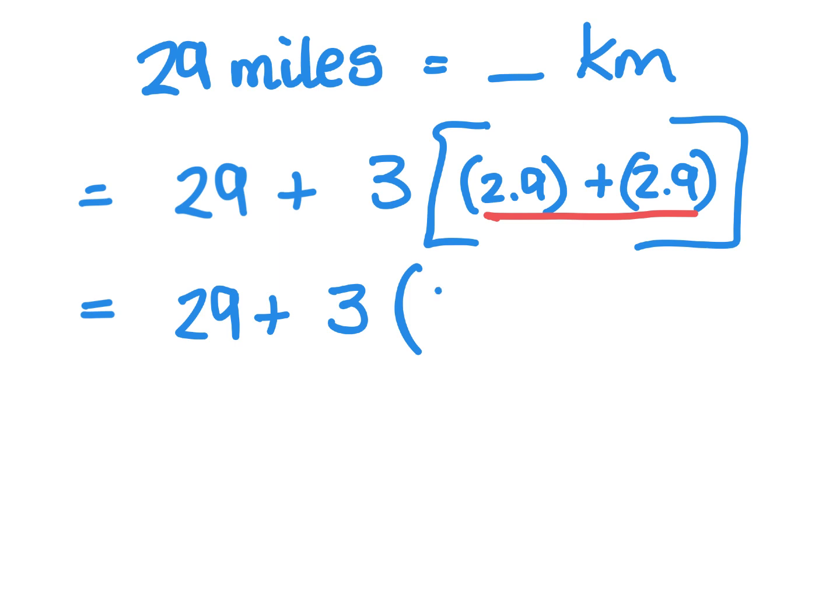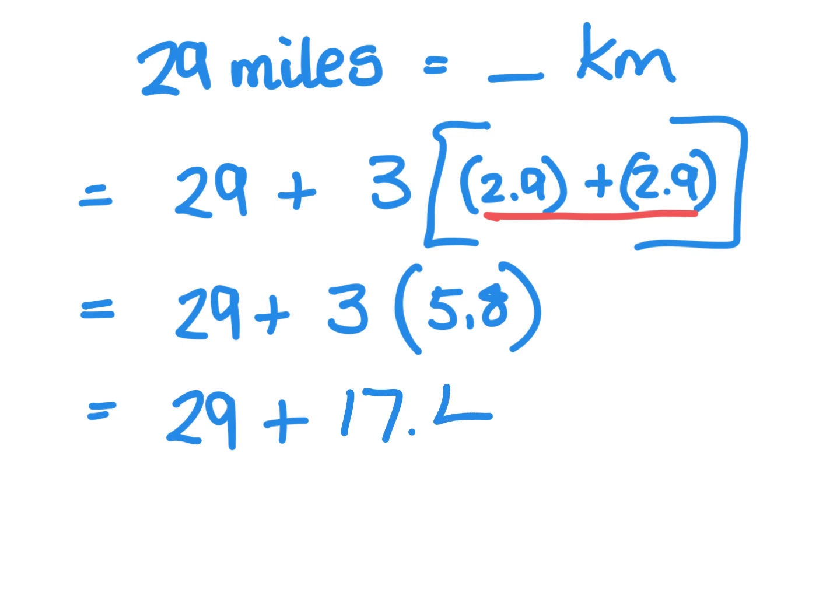So instead of 58, we've got 5.8. Now 3 lots of 5.8, you'd have 3 lots of 5, which would be 15. 3 lots of 0.8 would be 2.4. So your answer is 17.4. And you add these together. 29 plus 17.4 is 46.4 kilometres.